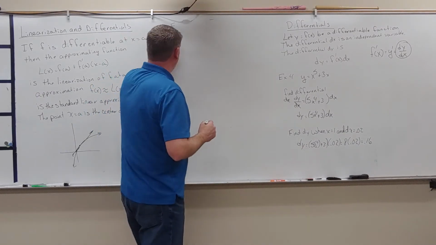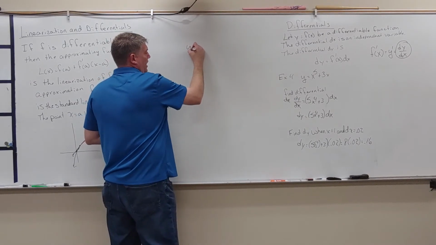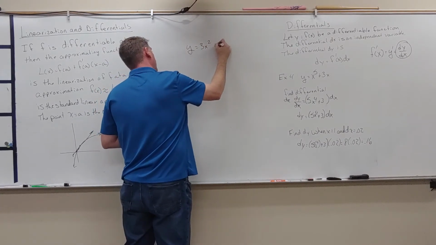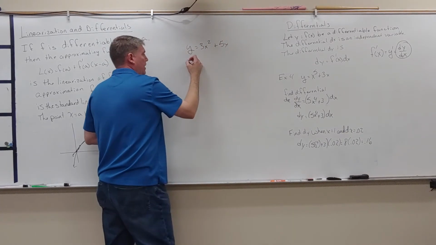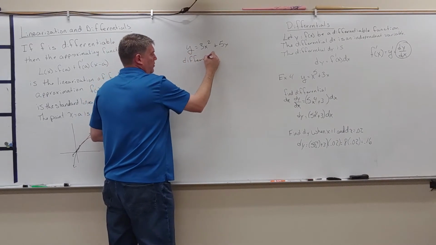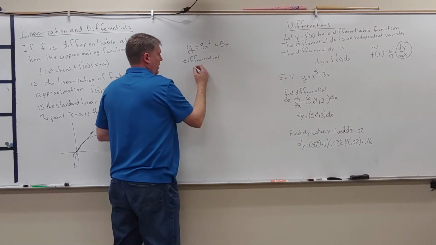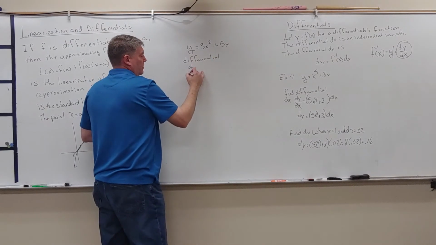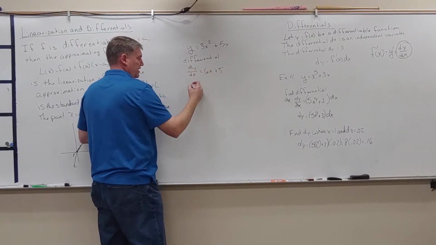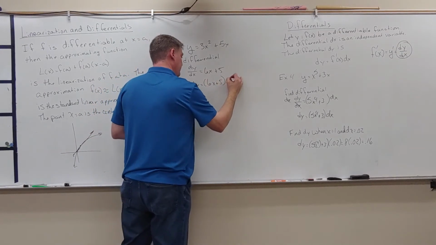So let's do one more of these. Let's say I have y equals 3x squared plus 5x. Well, if I want my differential, I'm going to take the derivative, okay? So dy over dx equals 6x plus 5. Bring your dx over. So dy equals (6x plus 5) times dx.